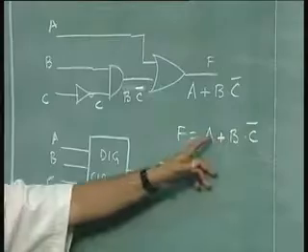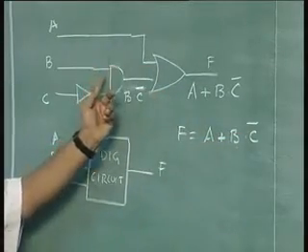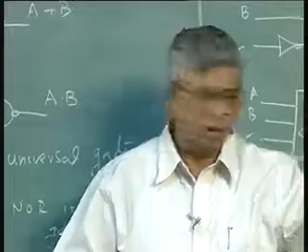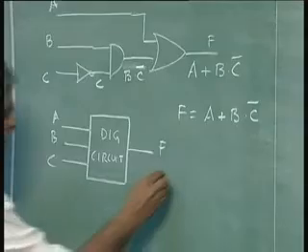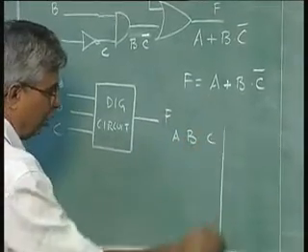This is the symbolic representation of the circuit, and this is the functional representation. The last thing is the truth table, where I'll have A, B, C as the inputs and F as the output.